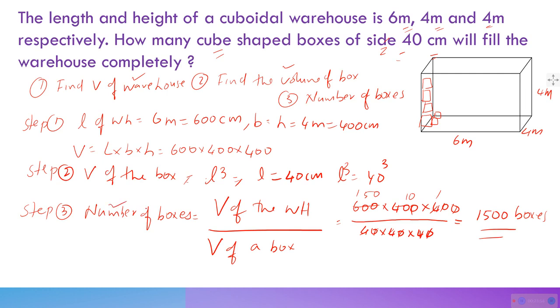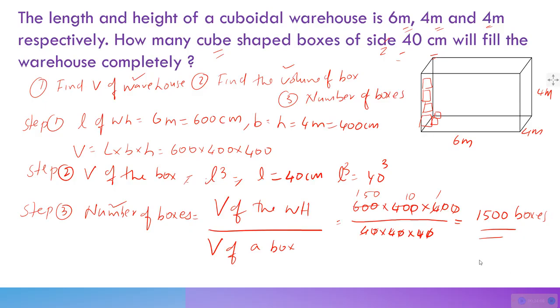So we solved a sum containing the concept of volume and application of the formula of cuboid, my dear students. So this way we will be applying the formula of cuboid in a situation.